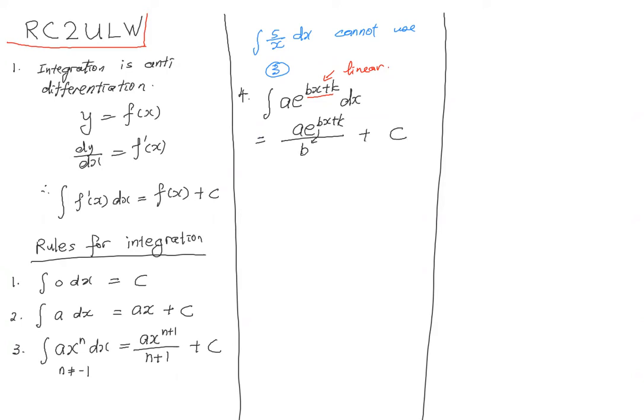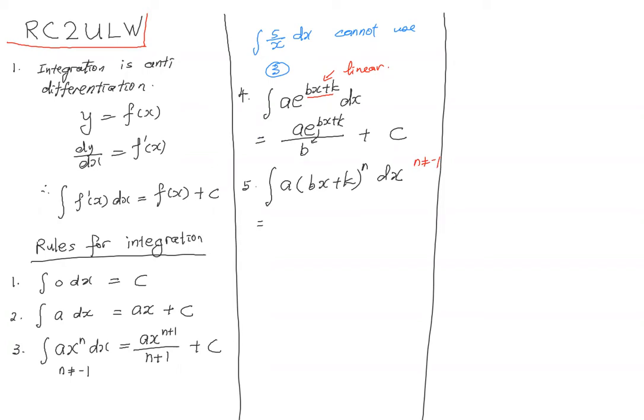Okay, so the fifth one is integrate a linear expression to the power n dx. Here also everything must be linear. So what is the constraint for n? N cannot be -1, same thing.